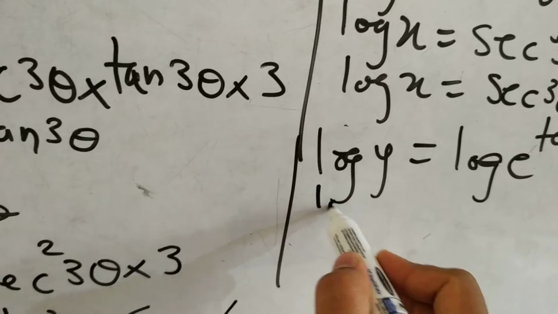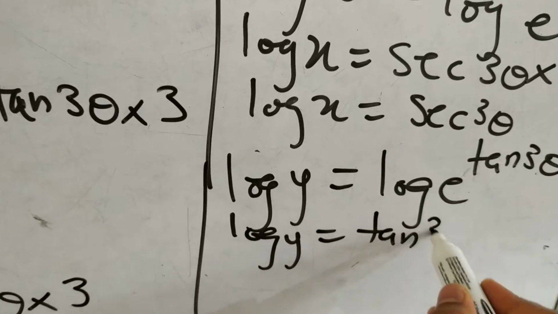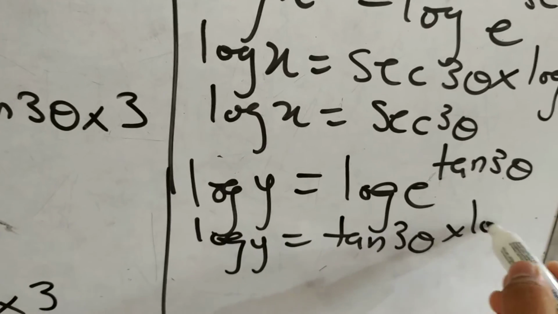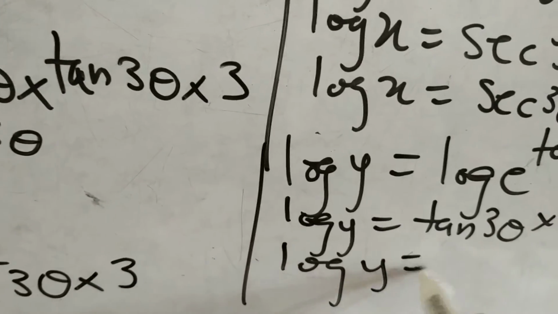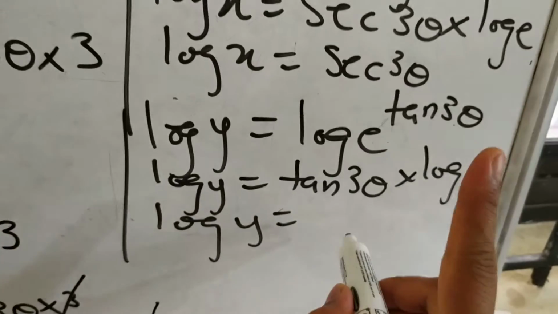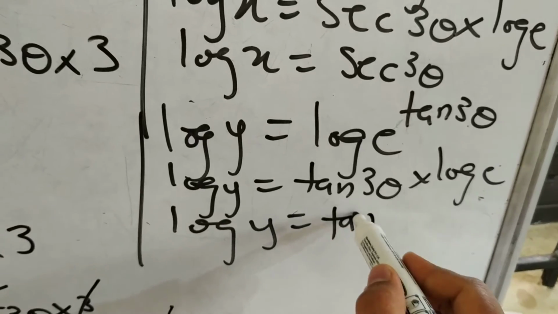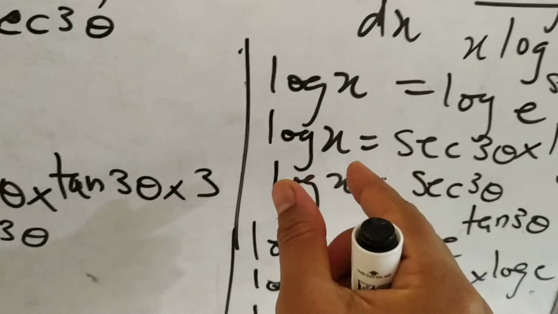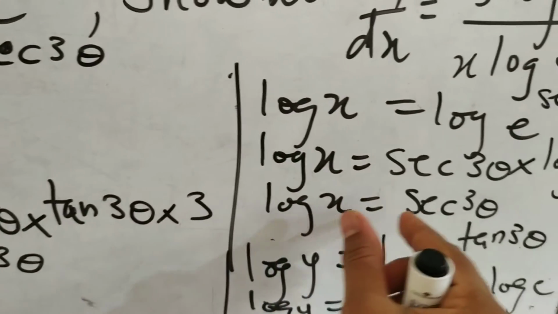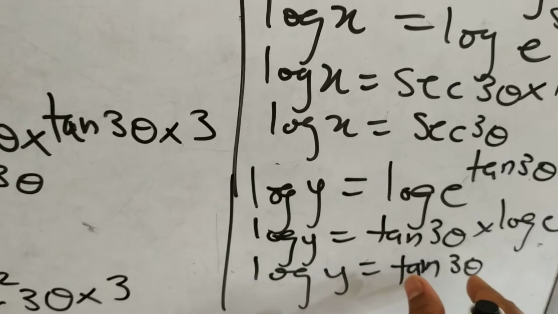So we get log y equals tan 3 theta into log e. Log e means 1, therefore log y is equal to tan 3 theta. So let us substitute the value of log x as sec 3 theta and the value of log y as tan 3 theta.